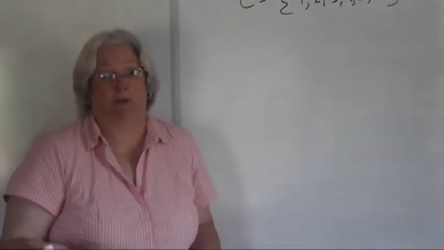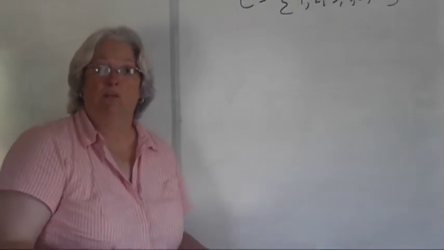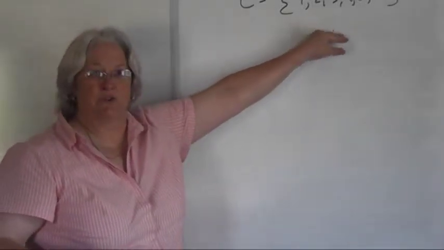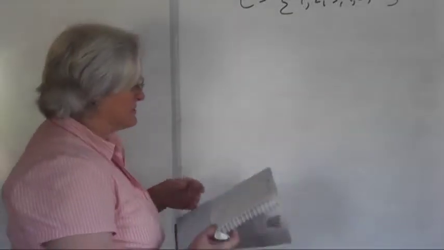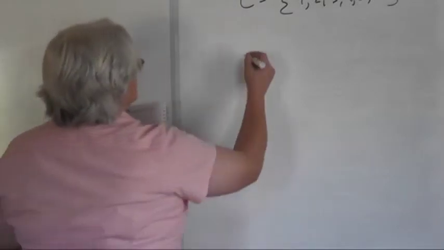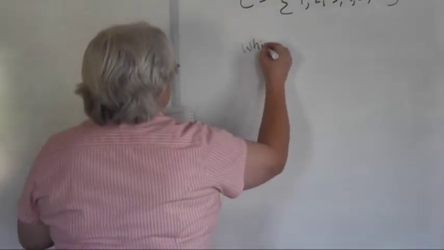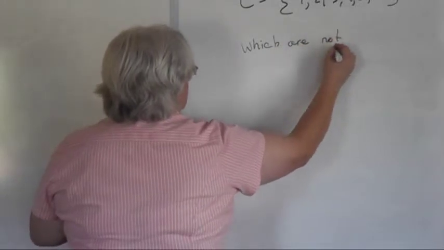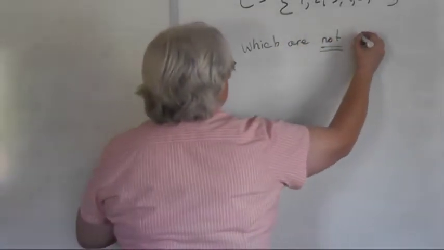You know, when you're teaching, it doesn't matter if it has 5 elements in it or 6 elements in it, unless we're trying to do examples that are specifically related to that set. So, which are not subsets of set C?